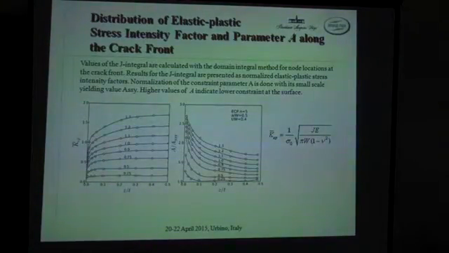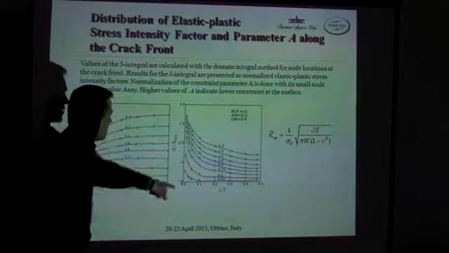And the normalization of constraint parameter A is done by its small scale yielding value, A sub y. The higher values of A parameter indicate lower constraint at the surface of specimen.